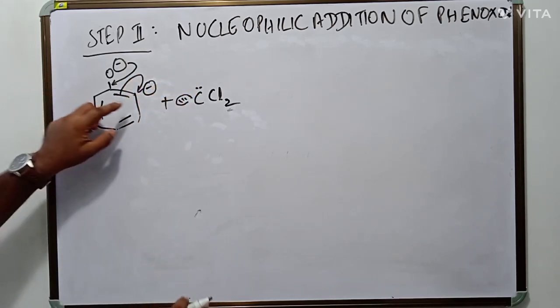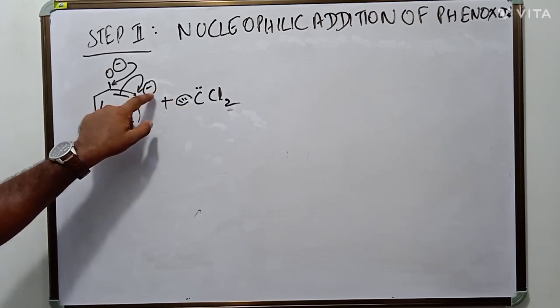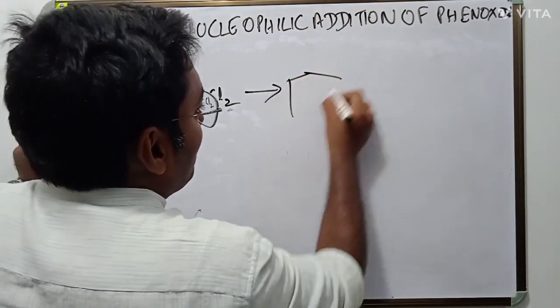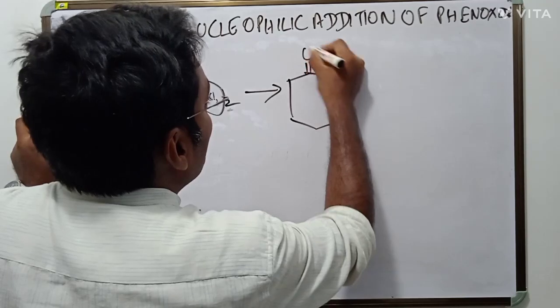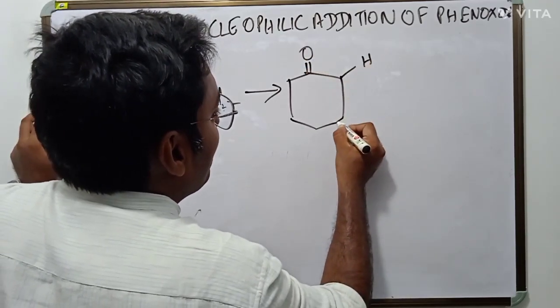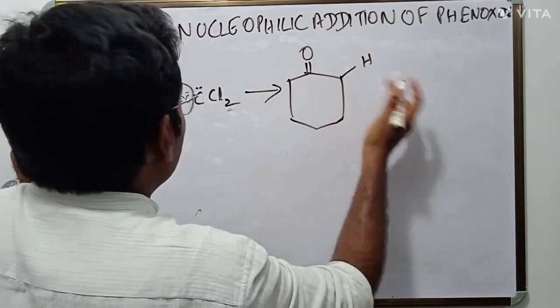Now what would happen here? This would come here, and when this jumps here, the electron pair jumps here. It's a perfect condition for this to attack this. So nucleophilic addition takes place, and what would result? Let us see.